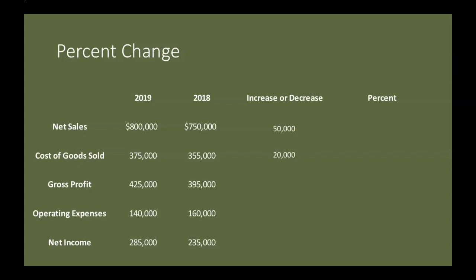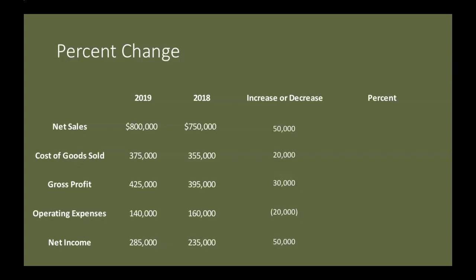The gross profit went from 395 to 425, an increase of 30,000. Your operating expenses went from 160,000 down to 140, so that was a decrease of 20,000. And your net income went from 235 up to 285, an increase of 50,000.